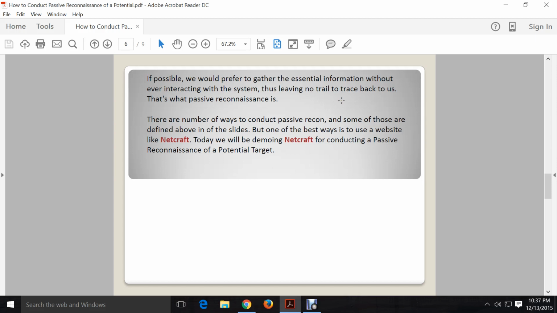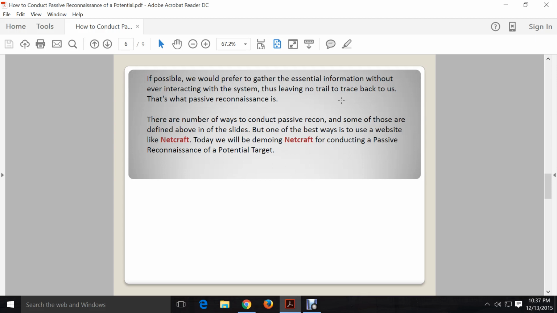There are a number of ways to conduct passive recon, and some of those are defined in one of the earlier slides, and that's what we learned in our class also. We learned a lot of tools, starting from recon all the way to actually getting into the systems using Nmap and a lot of other tools.